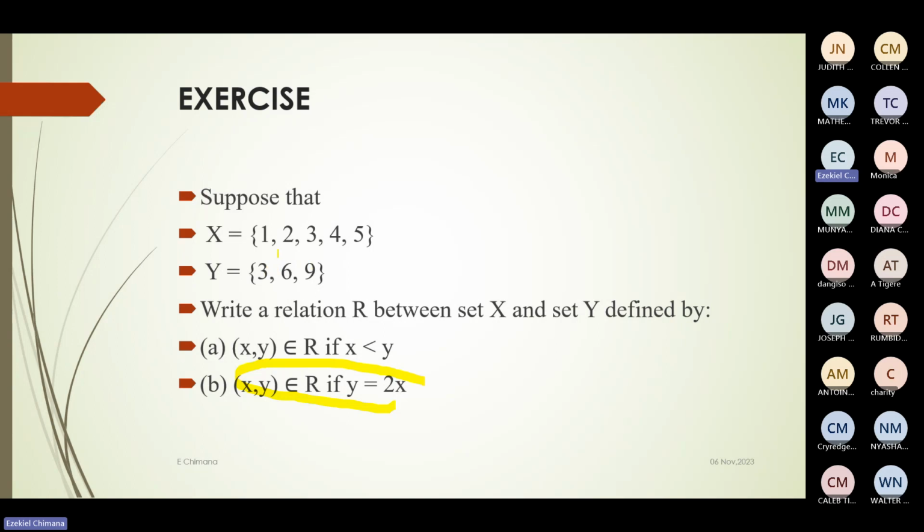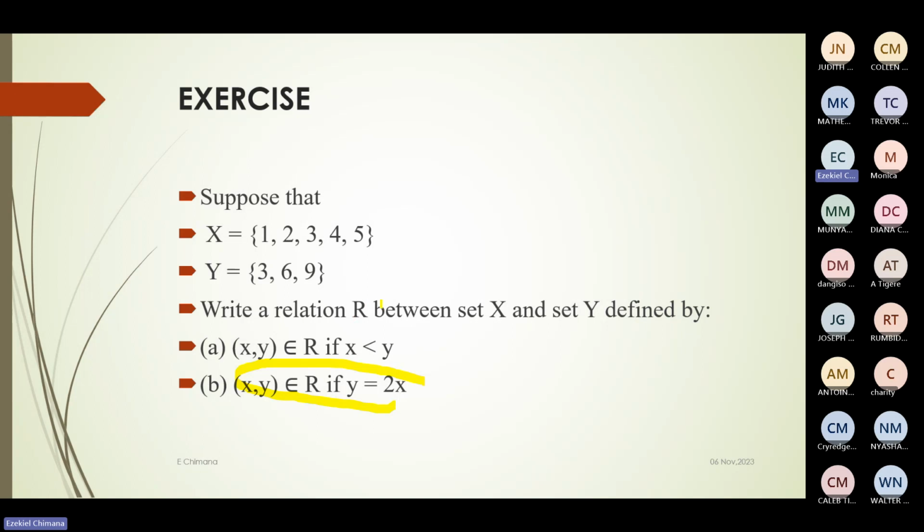No. If you take 2, do you have your Y as 4? No. If you take 3, do you have your Y as 6? Yes, so (3, 6) will be part of that. But if you take a 4 here, there's no 8. If you take a 5, there's no 10. So that relation is going to have (3, 6) only. So that's how you formulate some relations.